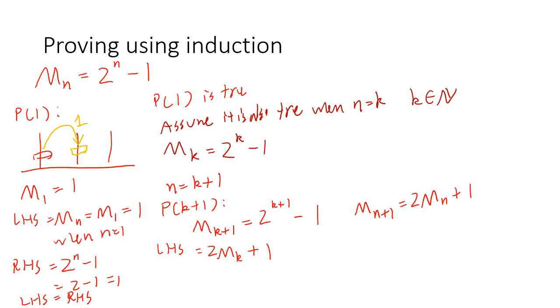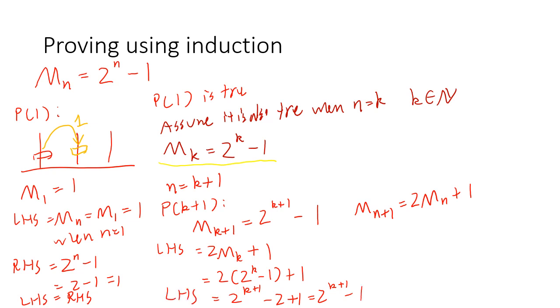And now, using the assumption, the left hand side equals 2 times 2 to the power of k minus 1, plus 1, which is 2 to the power of k plus 1, minus 2, plus 1, which equals 2 to the power of k plus 1, subtracted by 1.